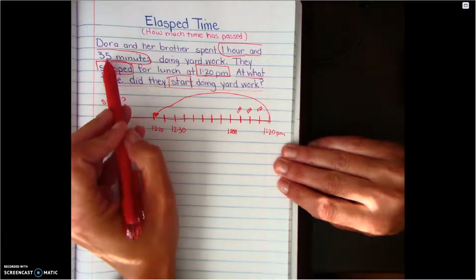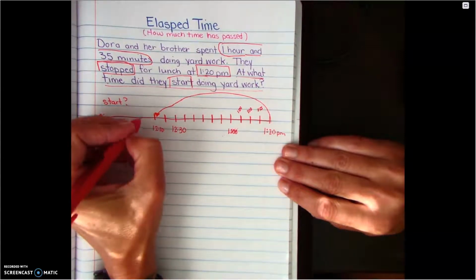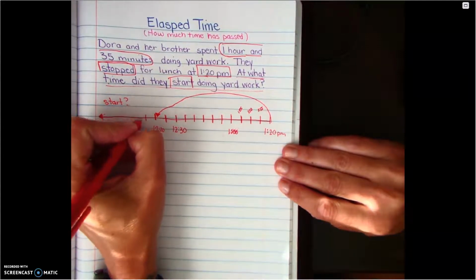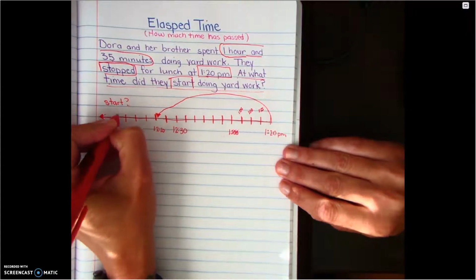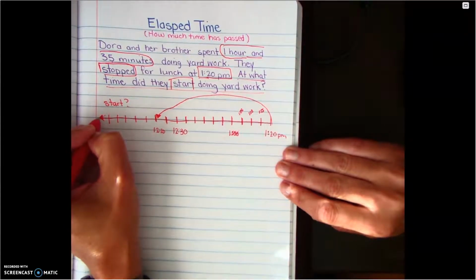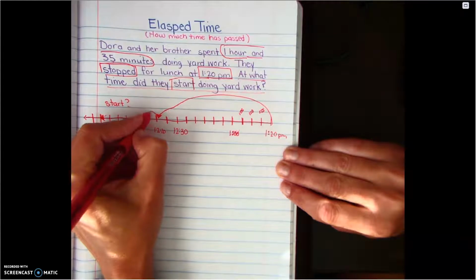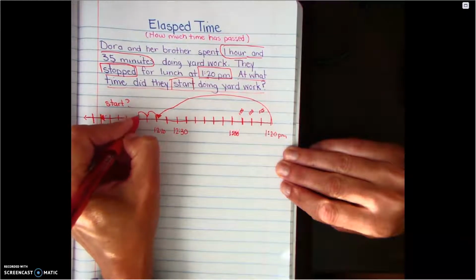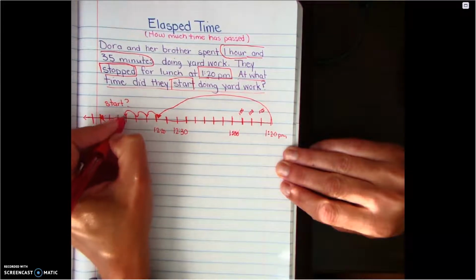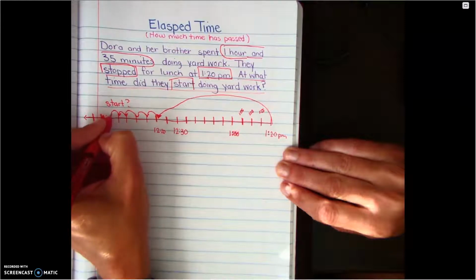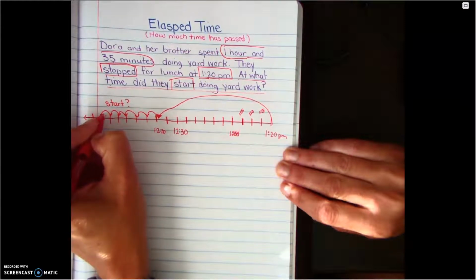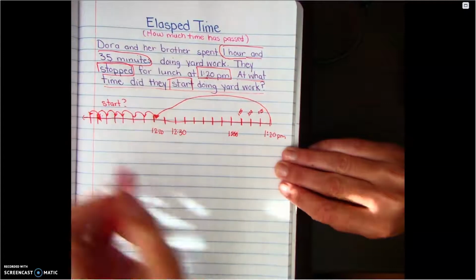Now we need to go for 35 minutes. Okay, so then we've got to go 5, 10, 15, 20, 25, 30, 35. Because now we want to go by 5. So now we got to count our time.